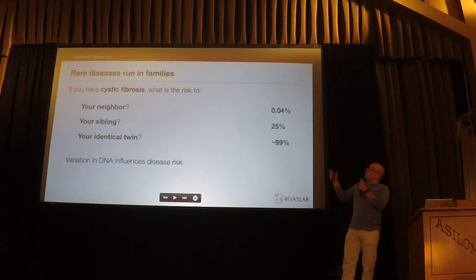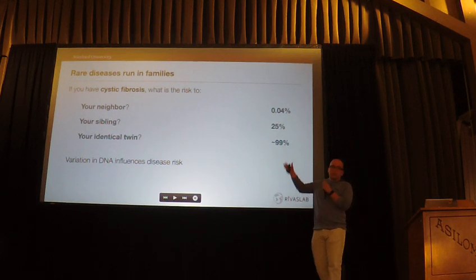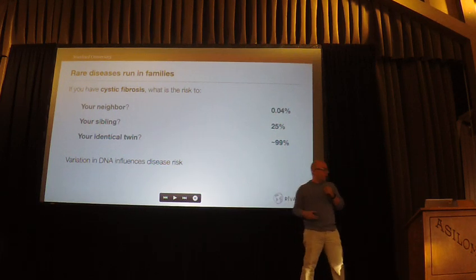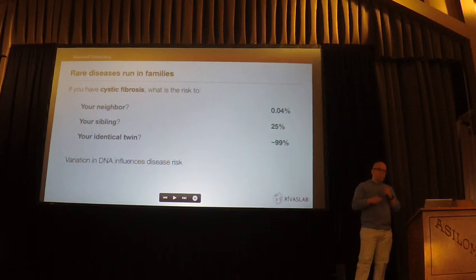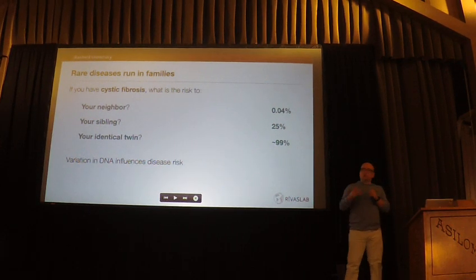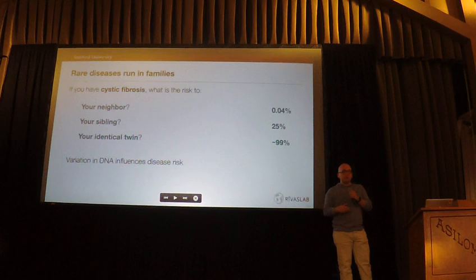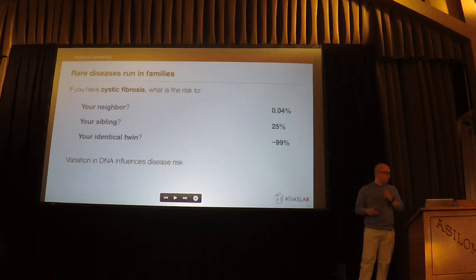First, rare diseases, as many of you may be aware, run in families. If you have cystic fibrosis, you can ask the question, what is the risk to your neighbor? That answer is about 0.04%, matching the population prevalence. What is the risk to your sibling?